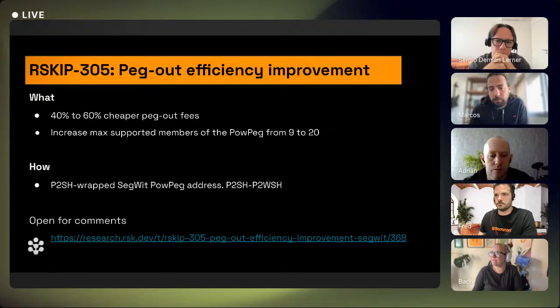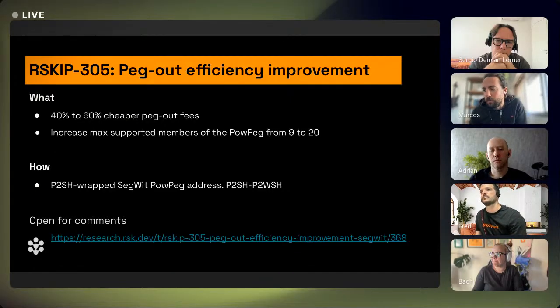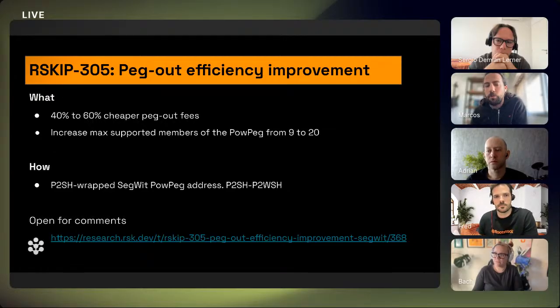Technically speaking, the way this is done is by making the PowPeg script P2SH wrapped, also known as Segwit compatible. So this allows for larger scripts and cheaper transaction fees, since signatures are moved into the witness of the transaction.